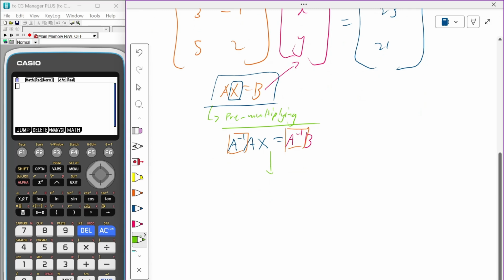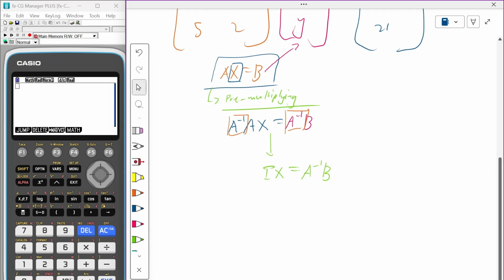We know that the inverse of a matrix multiplied by its matrix is the identity element, which is multiplying x, and that equals the inverse of matrix A multiplied by B. Nothing changes on the right side. Now, the identity element doesn't change the value of the matrix.